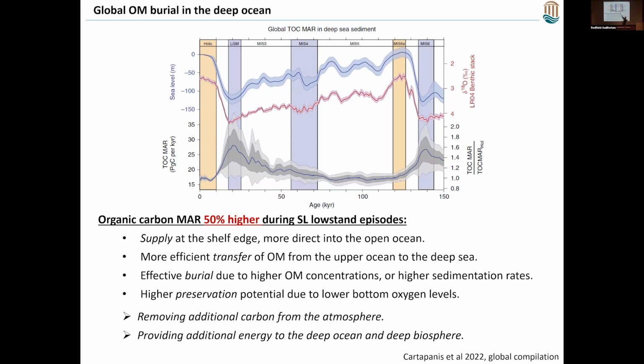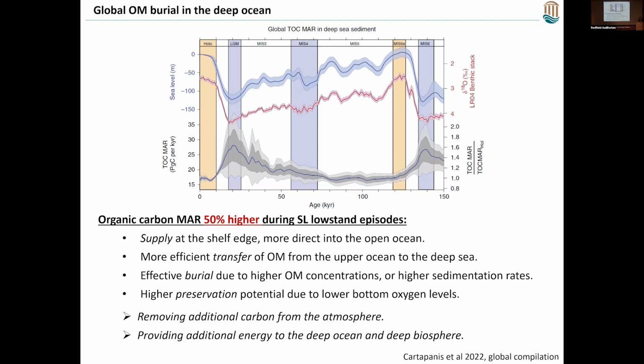Here's the sea level curve, parallels with isotope curve, doesn't matter so much here, but what you nicely can see is whenever the sea level was really low, when we had the low stands, they say, globally about 50% more organic matter was delivered to the ocean during sea level low stands. Of course, most of it has to go through deltas.